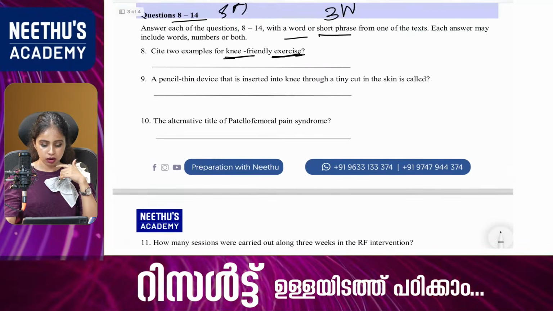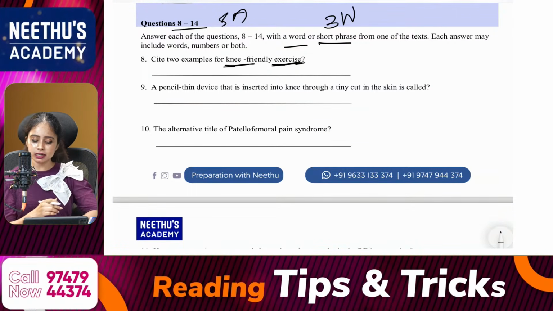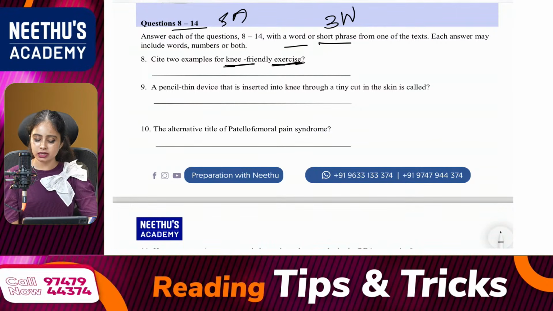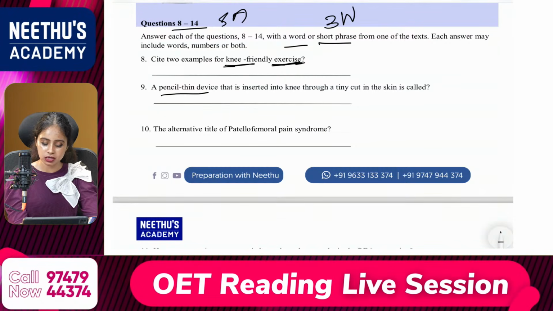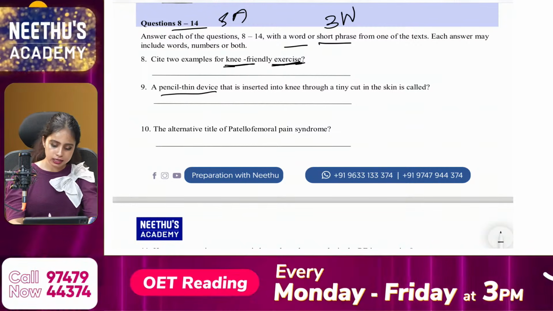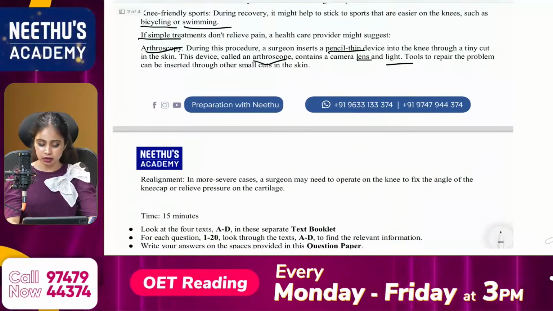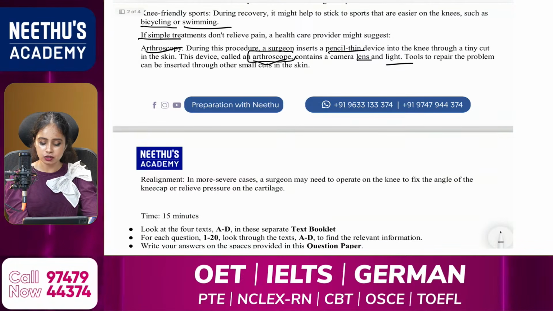9th one: a pencil thin device that is inserted into the knee through a tiny cut in the skin is called dash. So what is the name of the device? That is again from the treatment: the device called an arthroscope.